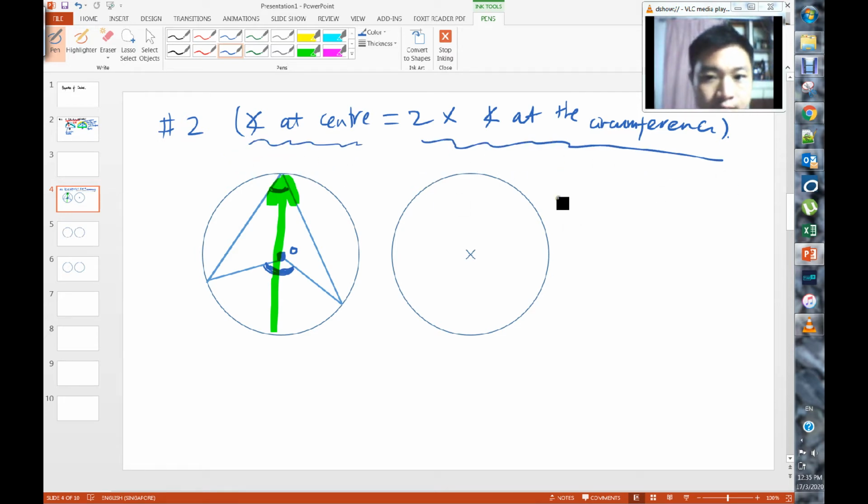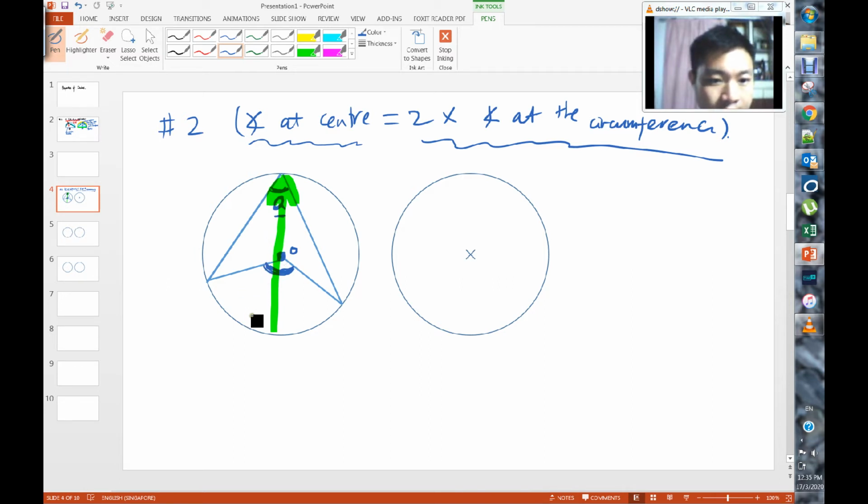What's the meaning? Let's say the angle at the circumference is A, so the angle at center is actually 2 times this angle at circumference.